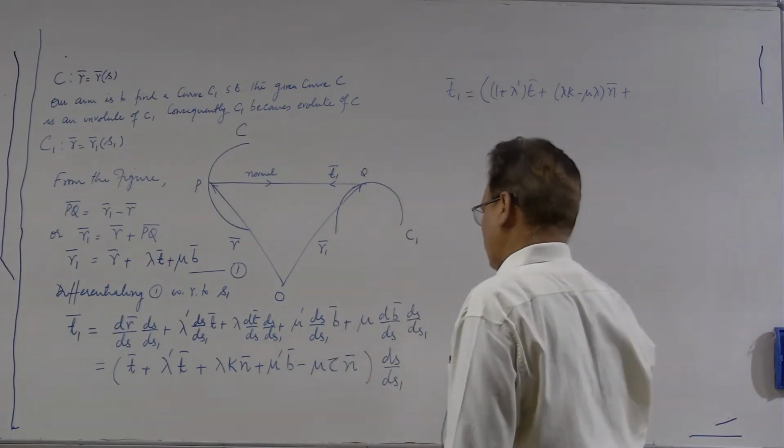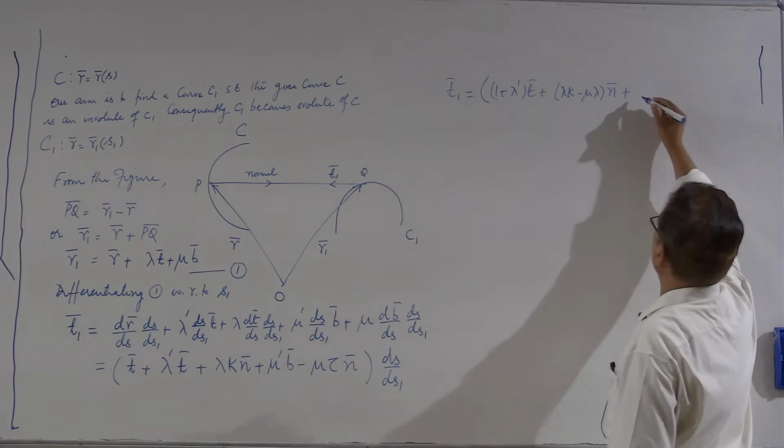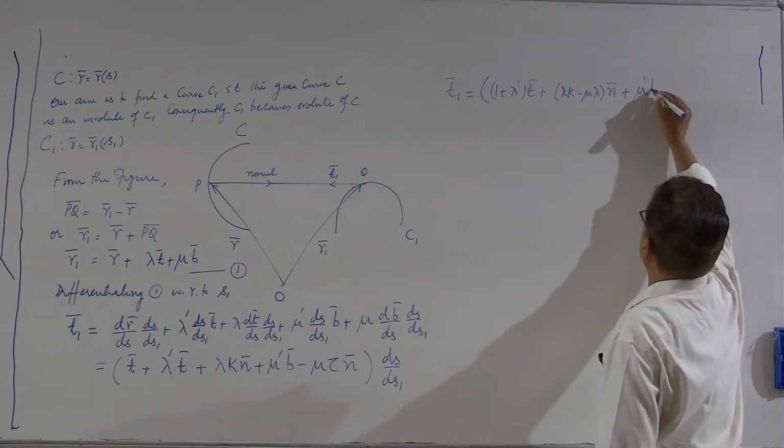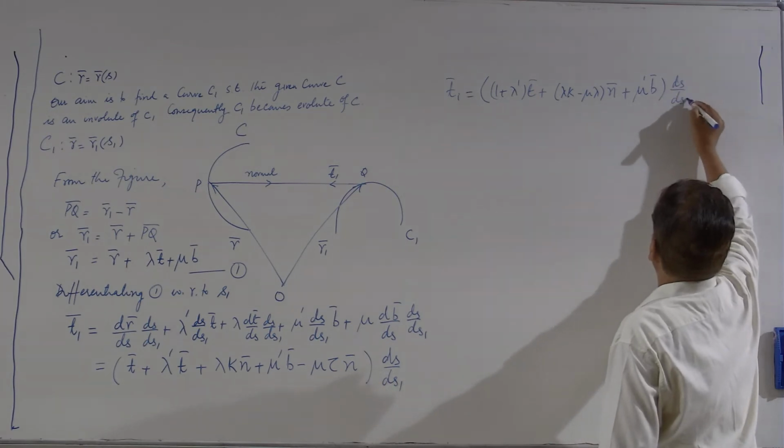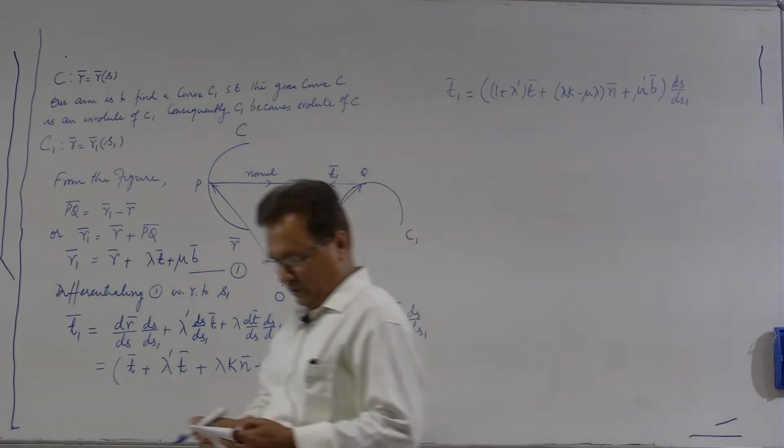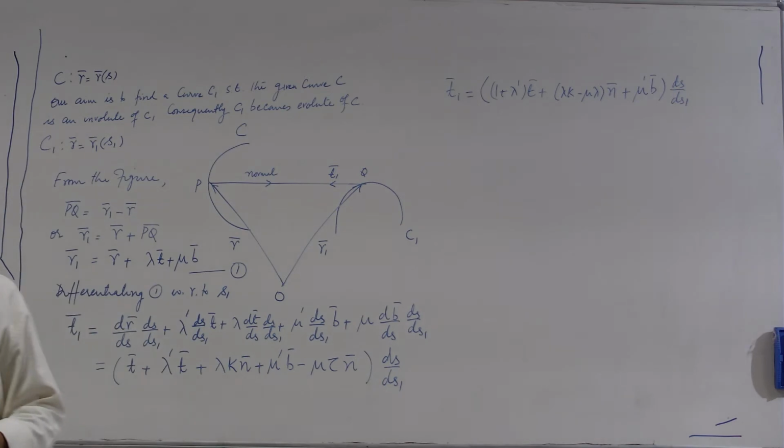So, this is mu dash into b, ds over ds1. I hope we have computed correctly.